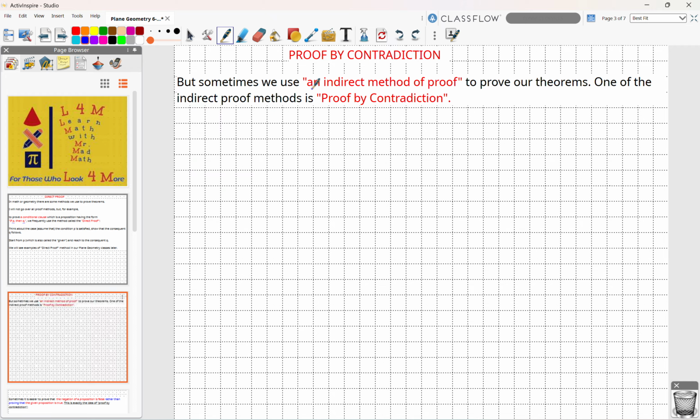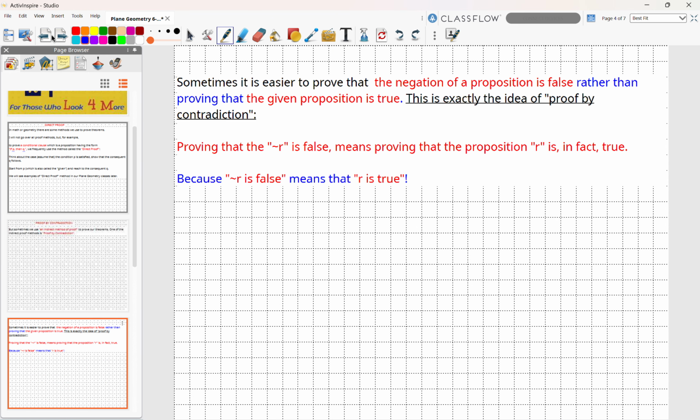We sometimes use not direct proof ways, but some indirect methods of proof to prove our theorems. One of them is proof by contradiction. There are some other kinds of indirect proof methods, but we will not talk about them because we just focus on proof by contradiction in this video.